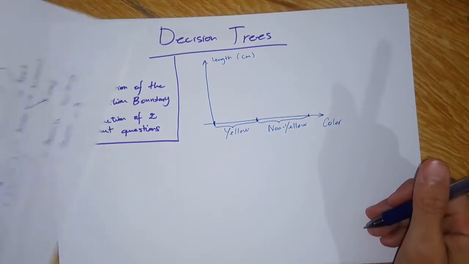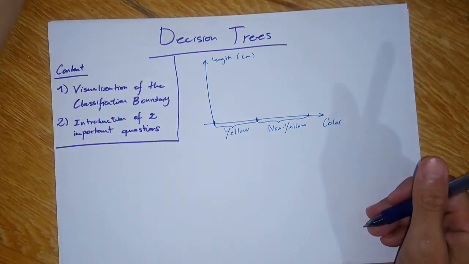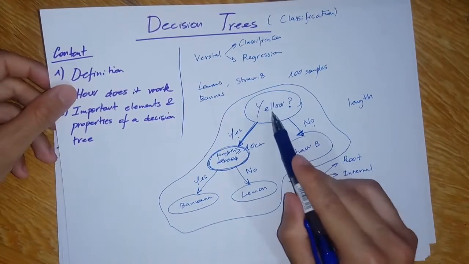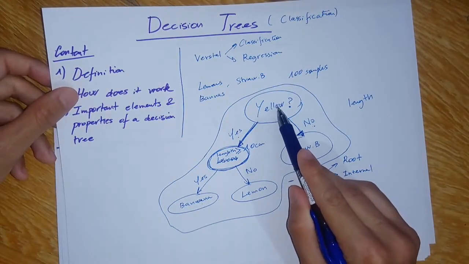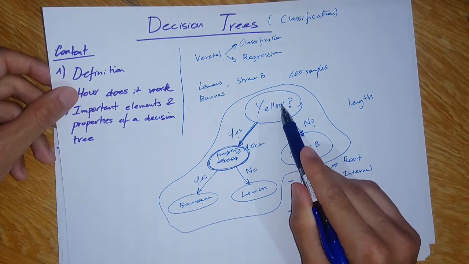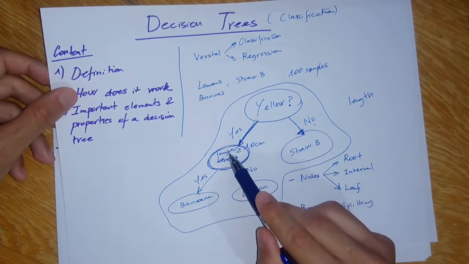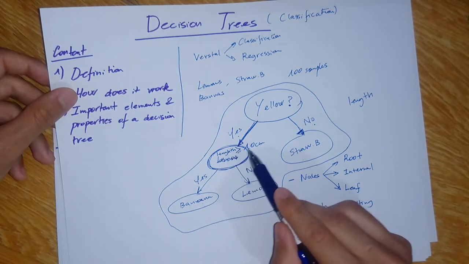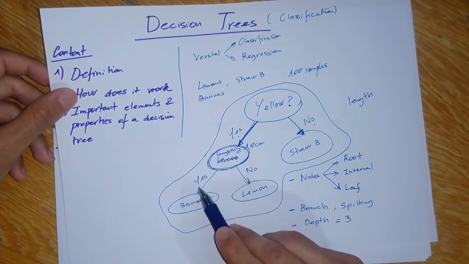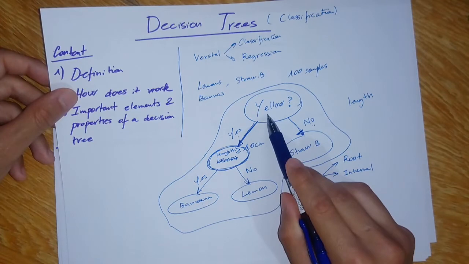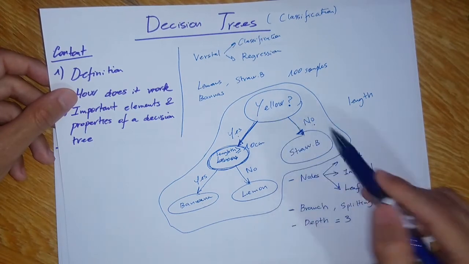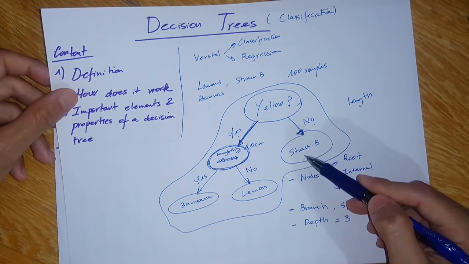Now, the first thing that I do, remember, in this decision tree, I first ask a question about yellow, right? And then, based on that, I ask another question. If the answer is yes, I ask the question about whether the length is higher than 10 centimeters. Now, if the answer is not yellow, everything that is not yellow is classified as strawberry, right?